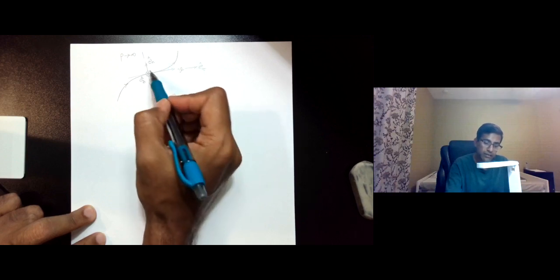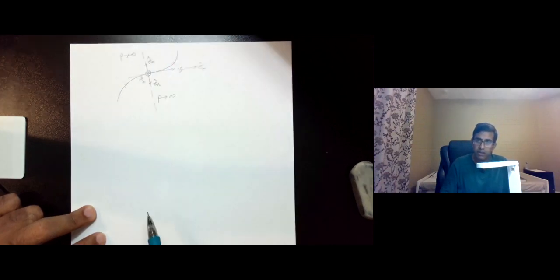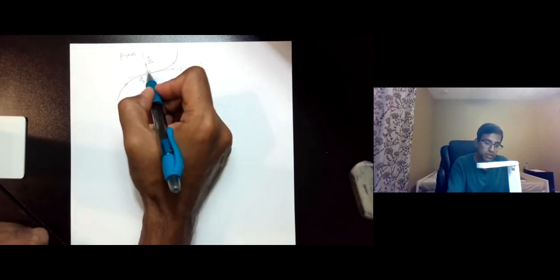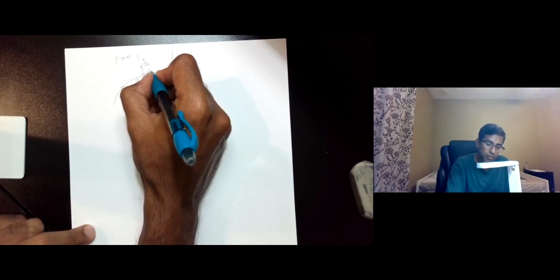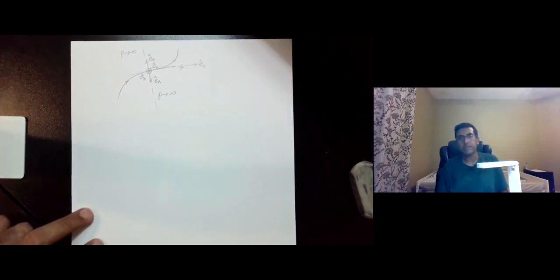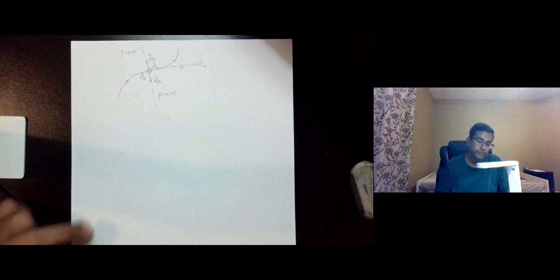On the other hand, if you considered En to be on the left of the trajectory, pointing in this direction, then ET cross En would be pointing up, and so EB would be pointing upwards, perpendicular to the surface of this page. This is considering a 2D curve or a planar curve.